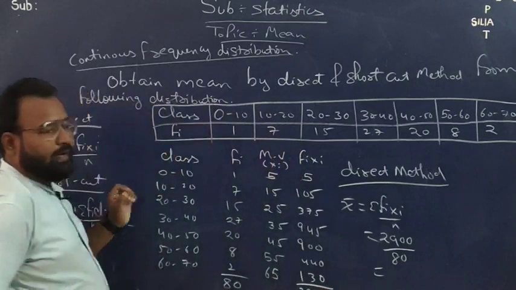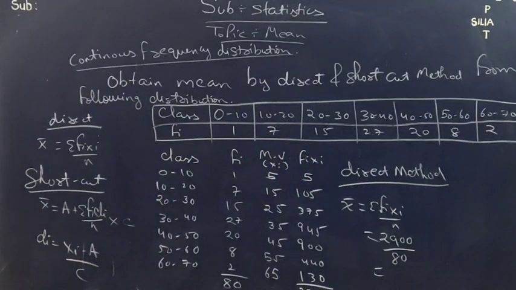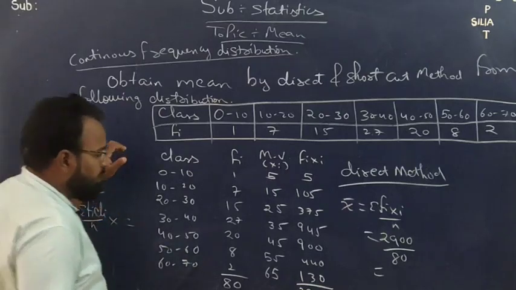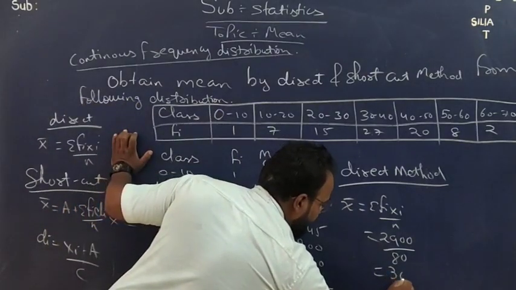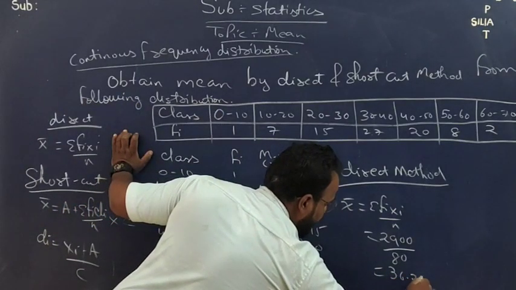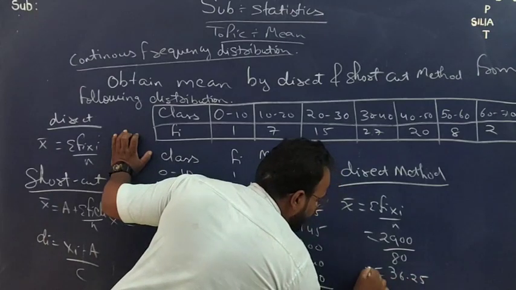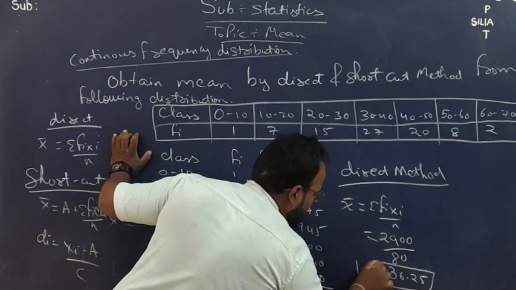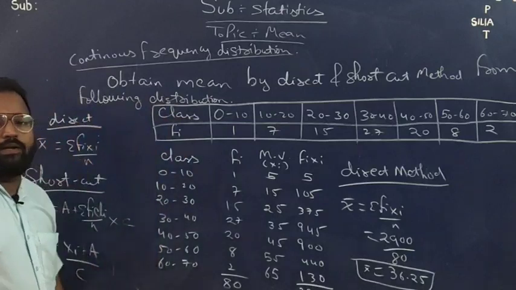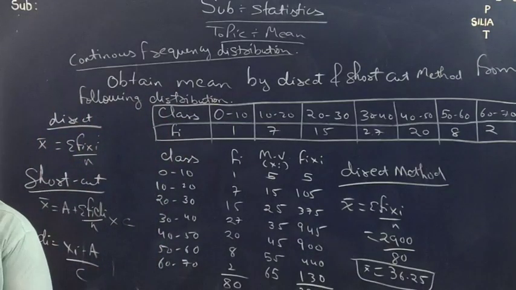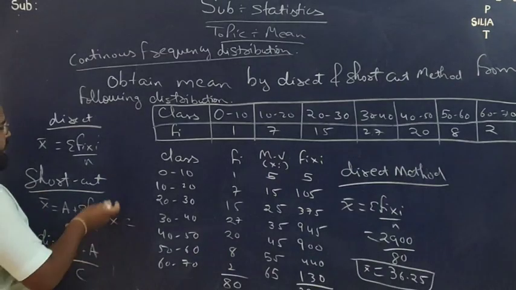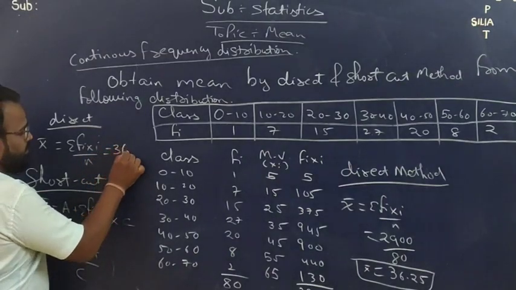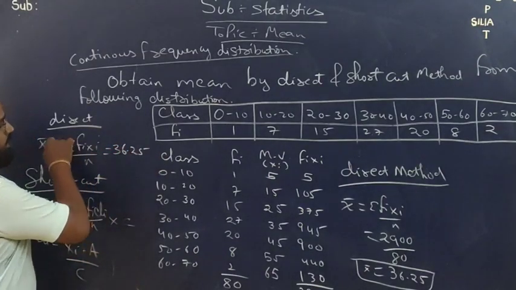So 2900 divided by 80 is 36.25. So x bar is equal to 36.25. Now I am writing the answer over here, 36.25 by the direct method.